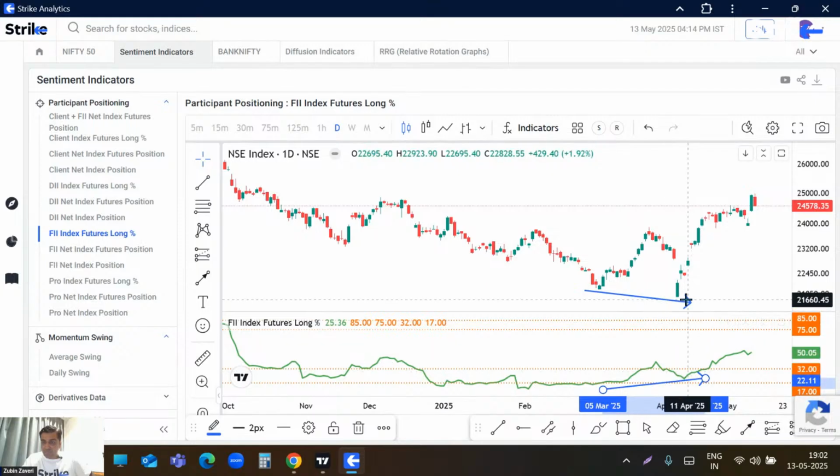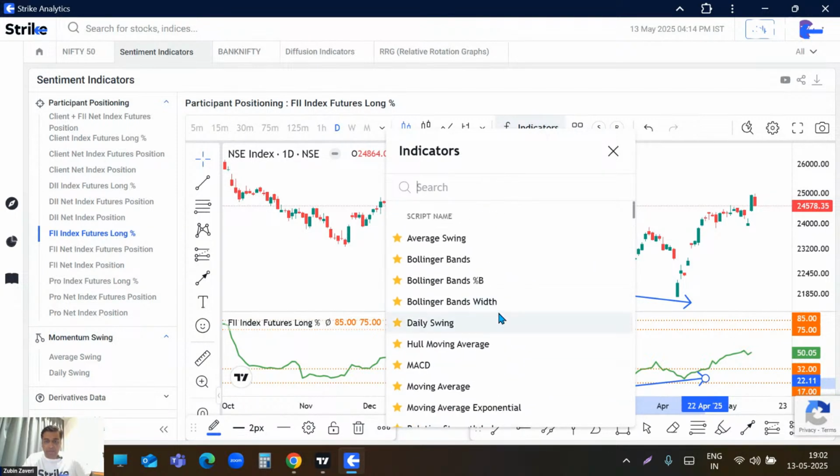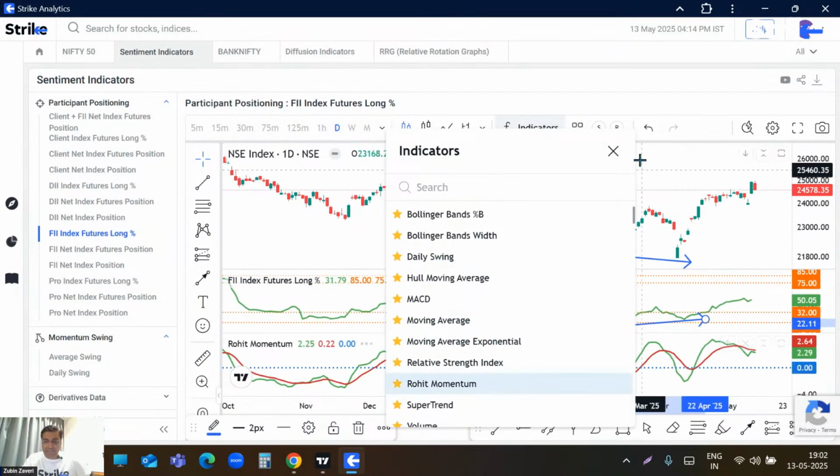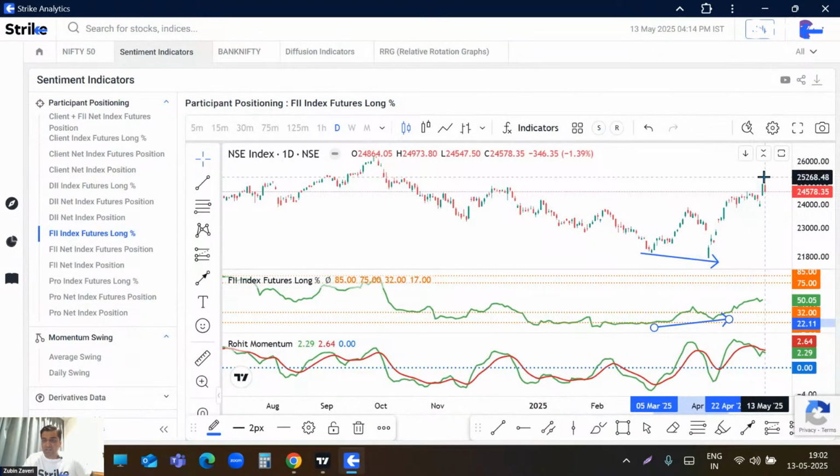So there was a divergence over here, and after that, when it bounced back, you can also look at RMI over here. RMI also gave a nice buy signal after this bottom was made, right over here on 16th of April.